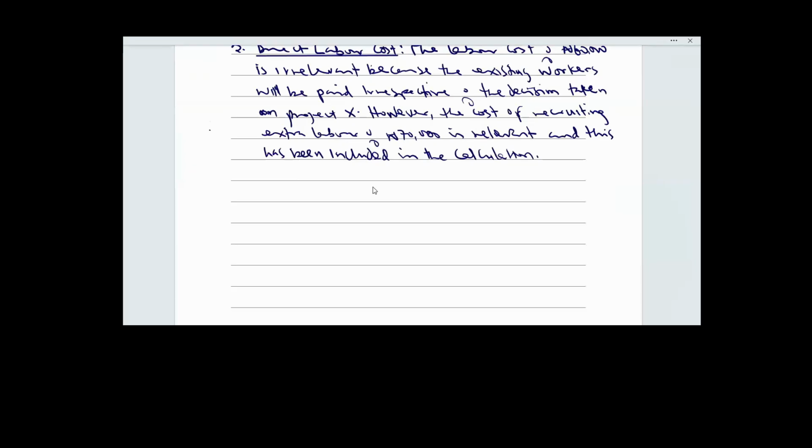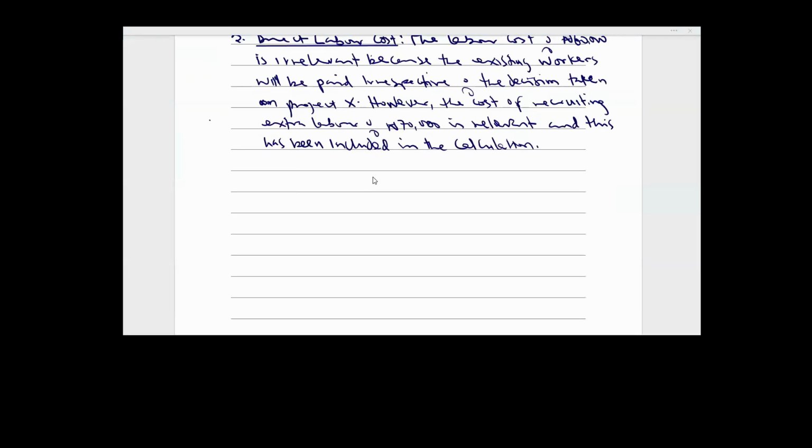Supervision costs. We are told that supervision has been charged to the project on the basis of 33 1/3% of labor cost and will be carried out by assisting staff with their normal duties. Our agreement is that supervision cost is irrelevant, since it will be carried out by the assisting staff with their normal duties. So no additional cost will be incurred. So number 3, supervision.